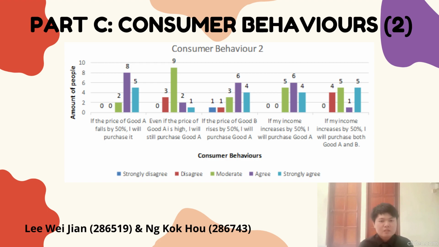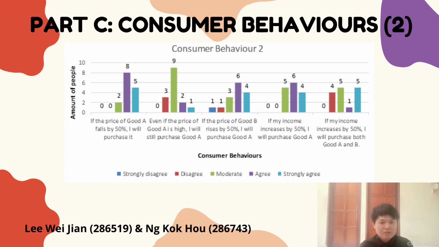Now I will continue the presentation of Part C, Consumer Behavior 2. According to the data from the survey, 15 respondents, 100%, agree that if my income increases by 50%, I will purchase Good A. All 15 respondents agree with this statement, which are moderate 5 people, agree 6 people, and strongly agree 4 people.